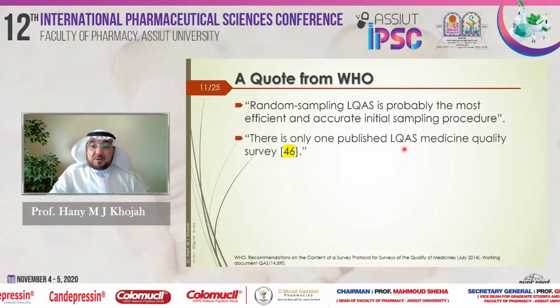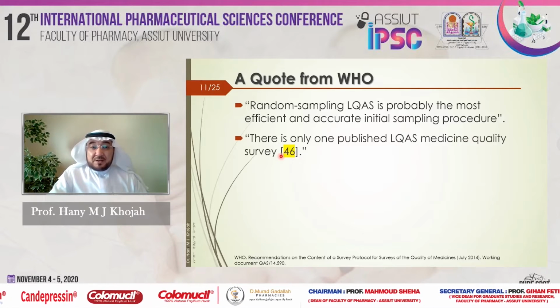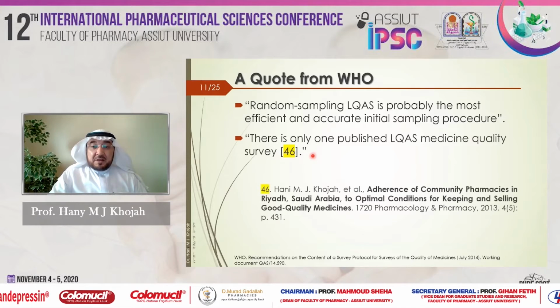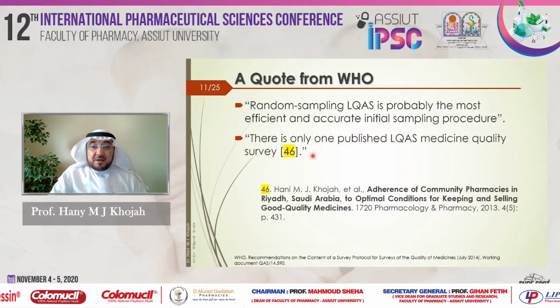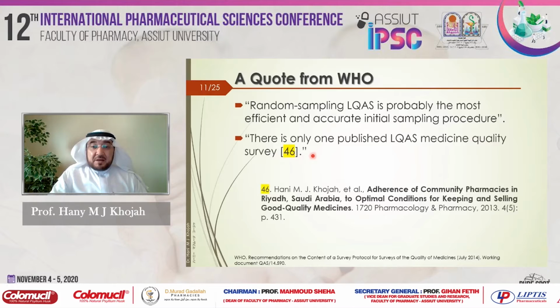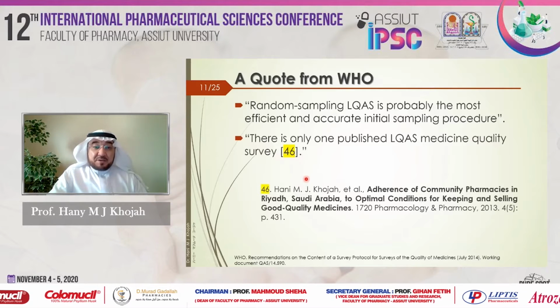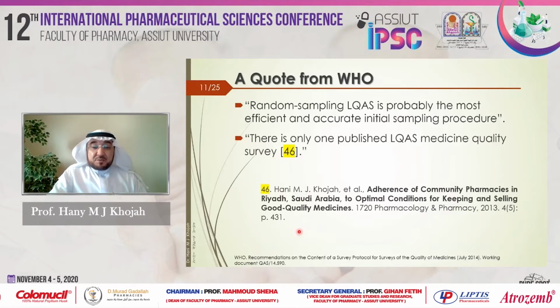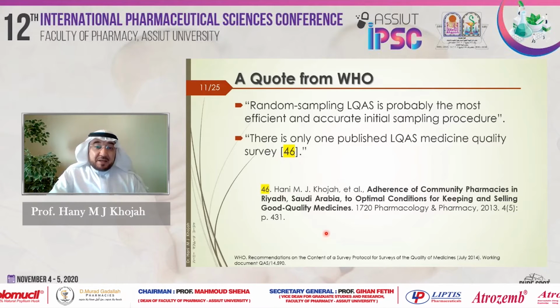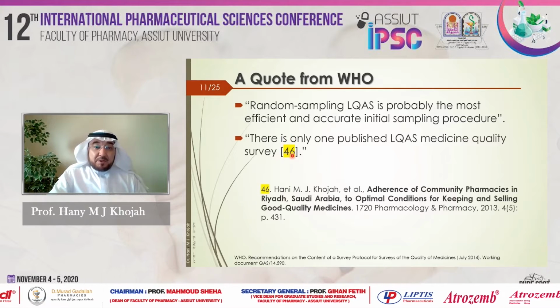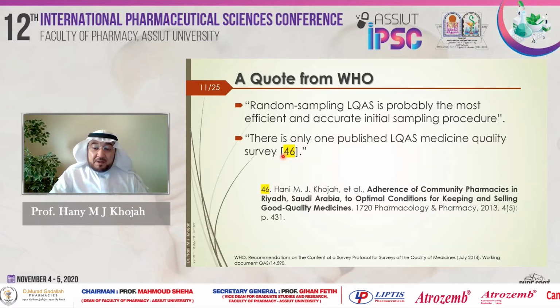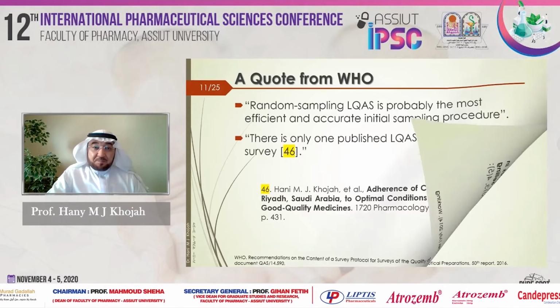And there was only one published LQS medicine quality survey here. I was really honored to be the primary investigator in this research, which was conducted in Riyadh, the capital of Saudi Arabia. So WHO referred to my paper.